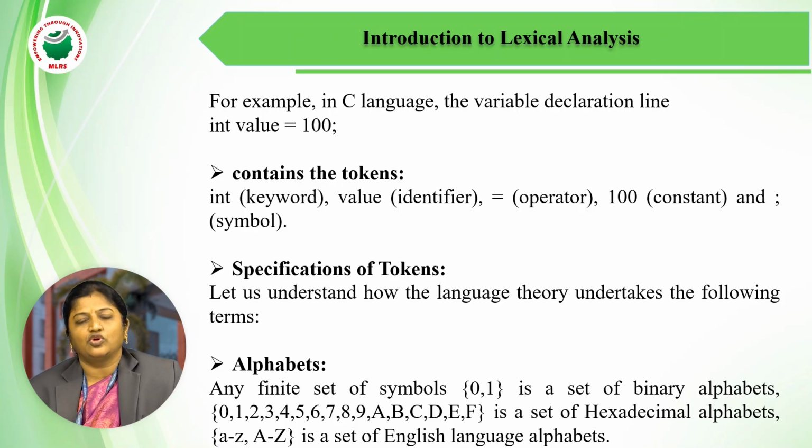Usually we'll use 0, 1 or a, b, capital letters or small letters, lowercase or uppercase letters, or the numbers from 0 to 9. So 0 and 1 is the set of binary alphabets, and 0 1 2 3 till 9 and capital A B C D E F is the set of hexadecimal alphabets, and lowercase a to z and uppercase A to Z is the set of English language alphabets.